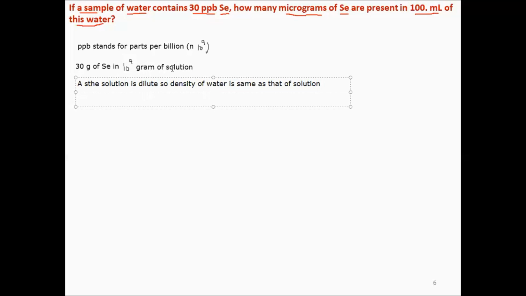So what we can say that 30 gram of selenium is dissolved in, considering the density of solution to be 1, it is dissolved in 10 raised to the power 9 ml, because we can apply the formula density is equal to mass per unit volume.